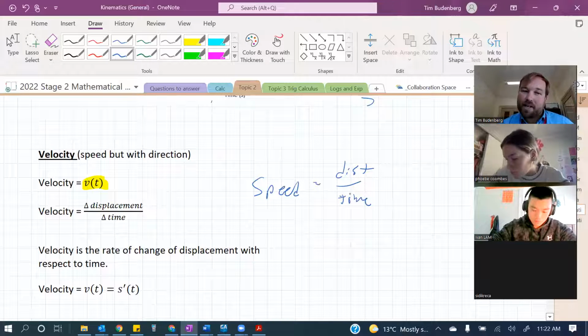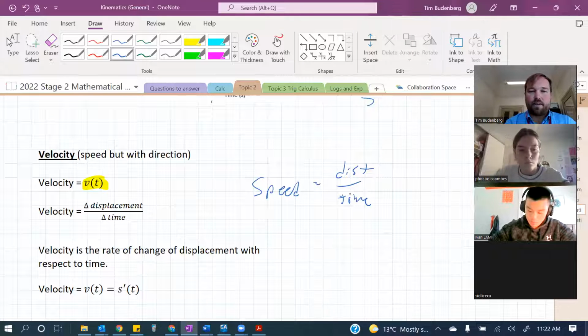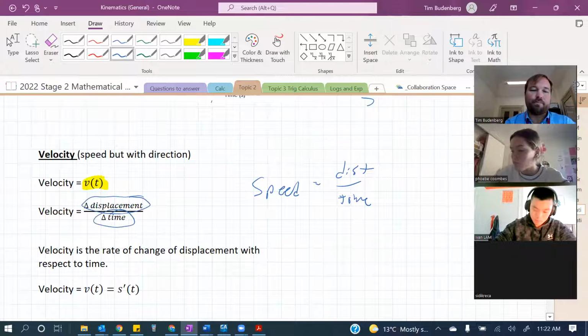In year 12, we update that a little. Instead of speed, we say velocity, so velocity has a positive or negative, depending which way we're going, and displacement instead of distance. But basically, the change is the same. Velocity is change of displacement over change in time.